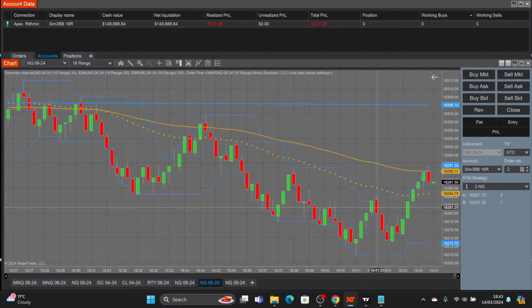See no bullish momentum coming here. Let's see what we do here.